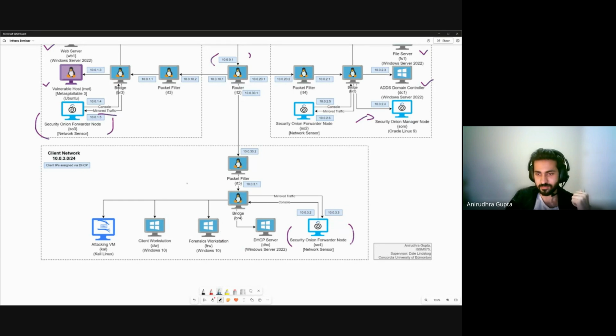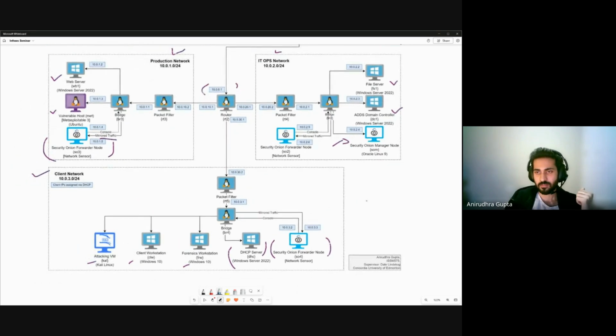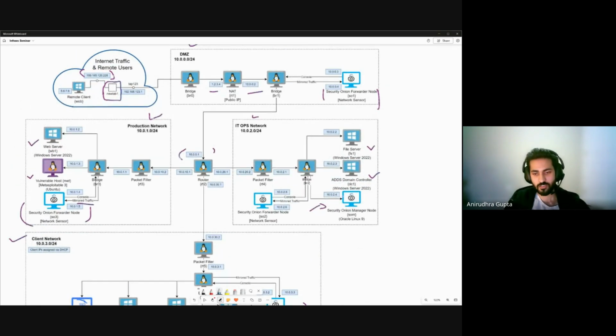We do have a DHCP server, and that's specifically for this network, where it assigns DHCP IPs to the attacking VM, which is a Kali Linux client machine or workstation. All of the other networks have servers, so they don't really need DHCP. They just get the static IP we have specified with their particular interface, right?